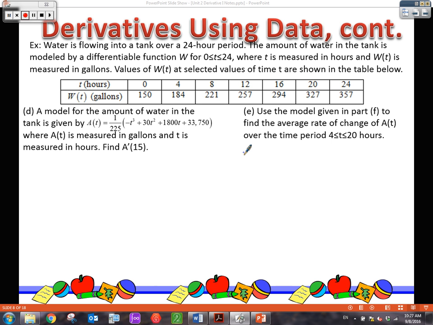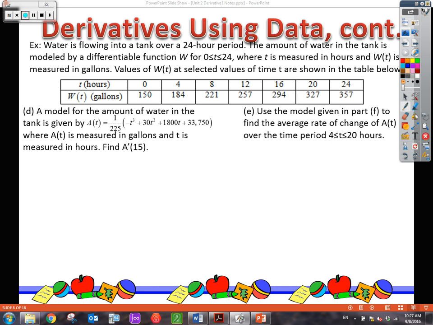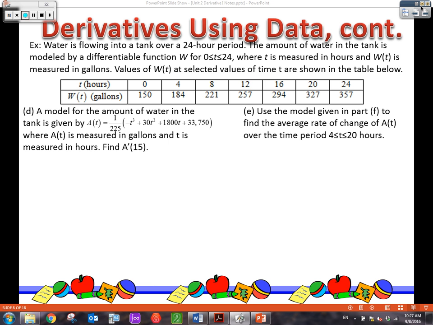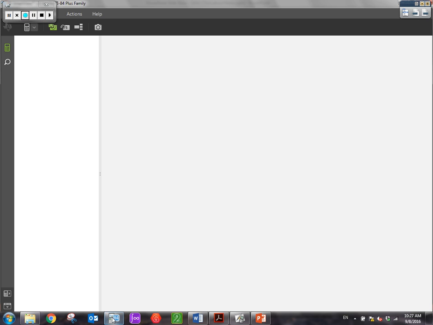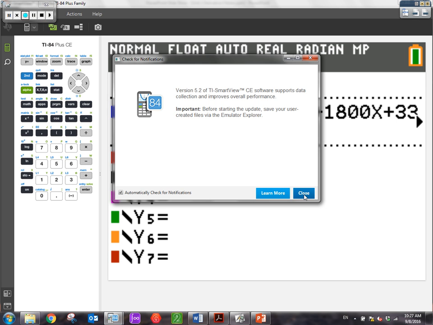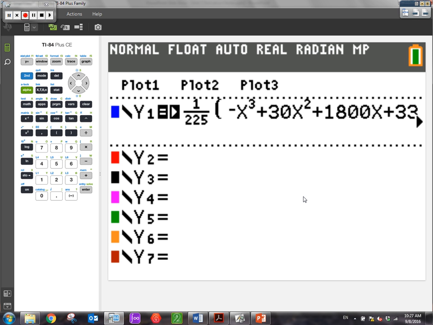And I'm going to pull up my calculator. Okay, so I have that entire equation in my y1. It's kind of running off the page.